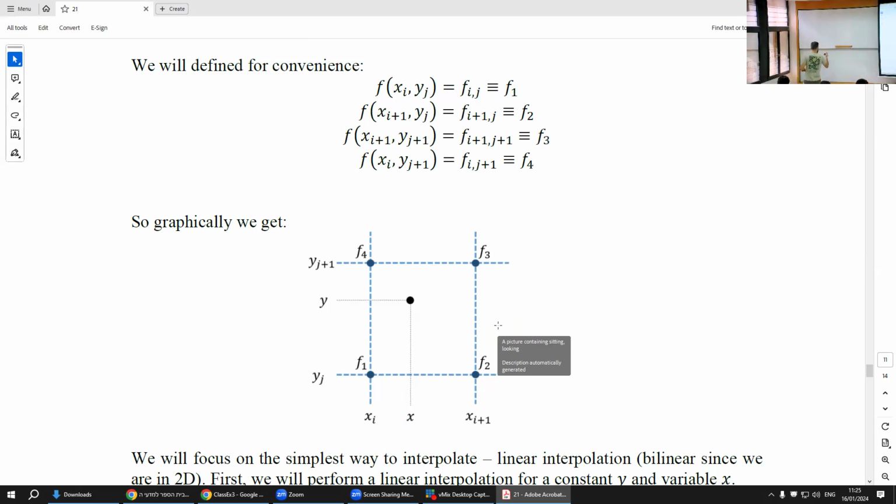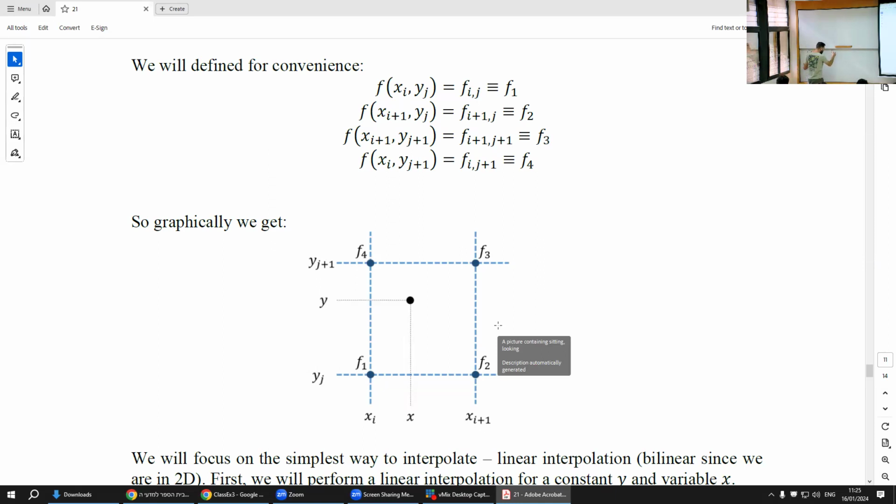So we have f of x1, y1, which is given to be f1, and f of x2, y1, which is given as f2.